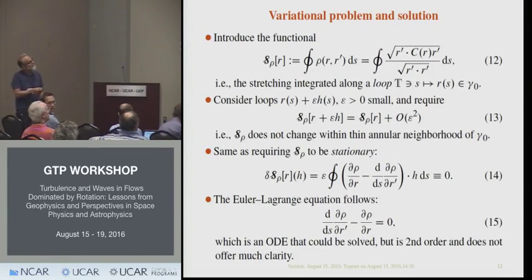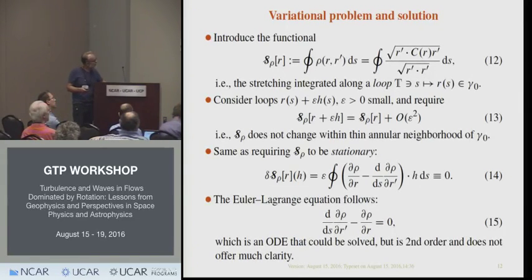This is equivalent to stating that the functional, this action, is stationary under these variations. So what we have in here is just the Euler-Lagrange equation. This in principle can be solved, but it's a second-order differential equation, and it doesn't add too much clarity to the problem. We want to see what the shape of r of s is.